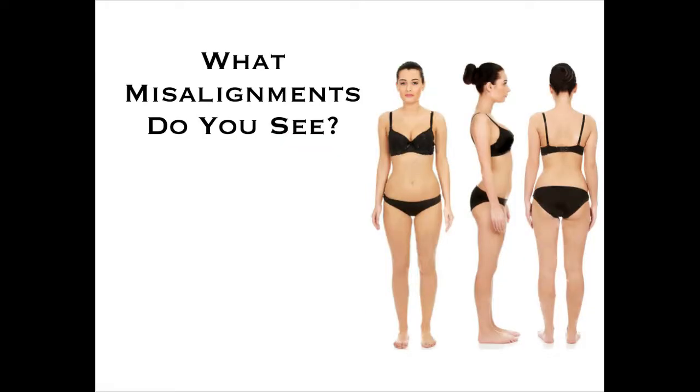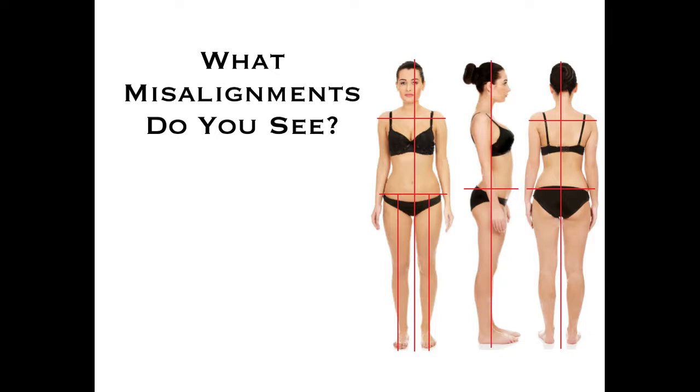What stands out? At first glance, she probably looks pretty aligned from the front and rear. But take a look at her side shot. Do you see the exaggerated low back arch? Let's draw some lines. Now things look a little different. Not only does her anterior pelvic tilt look more pronounced, you can tell she has imbalances too. She seems to be leaning to her right in both front and rear shots.